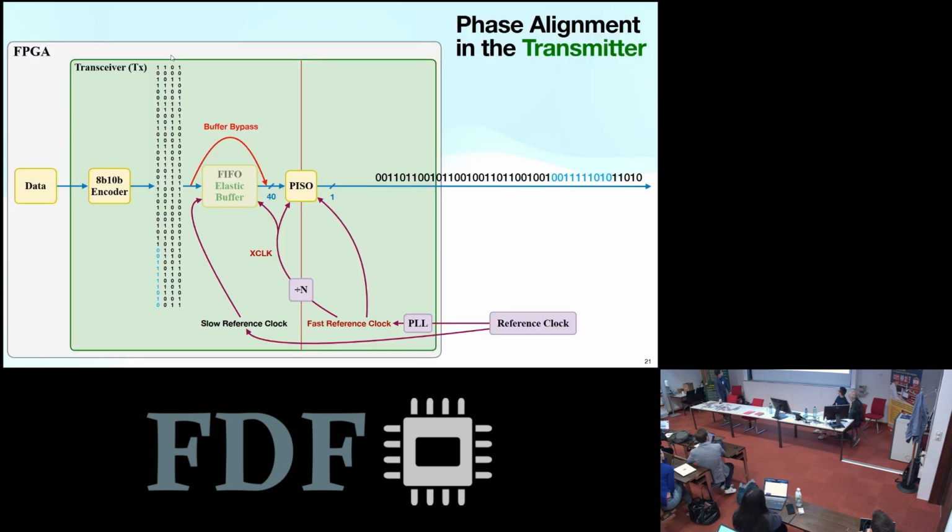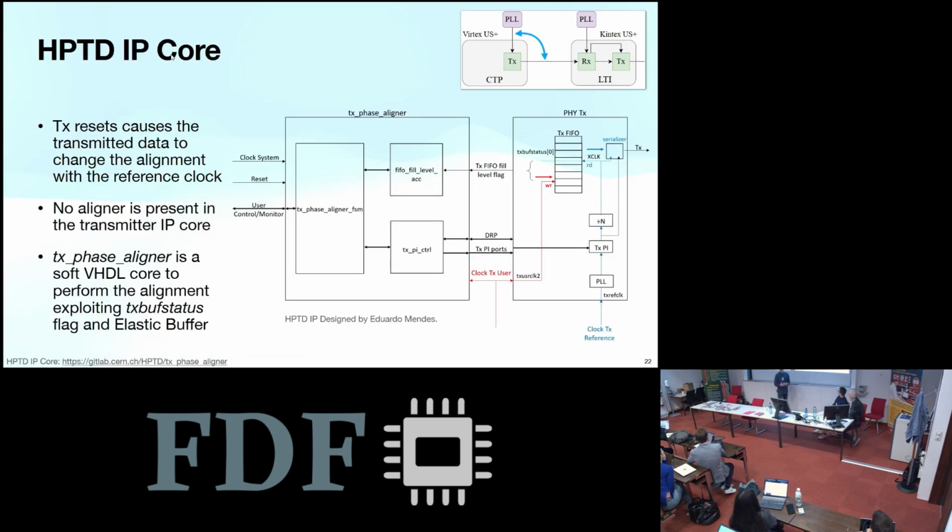This works with the elastic buffer as my solution. And it works like this. So same concept of phase shifting with a phase interpolator, but instead of reading the phase between X clock and the user clock with a DDMTD, the idea is to read a status from the FIFO.